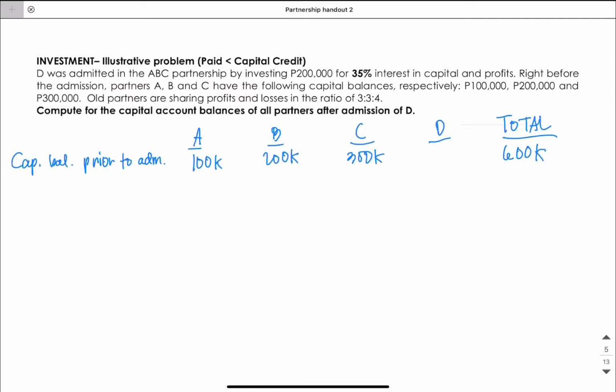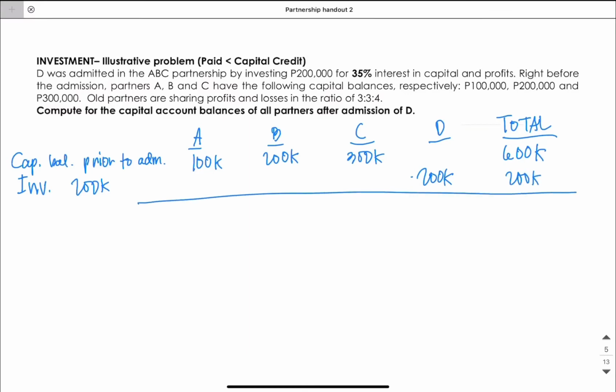Partner D was admitted by investing 200,000 again. So 200,000 here, and it will affect your total partnership capital. So that will give you 100,000, 200,000, and 300,000.